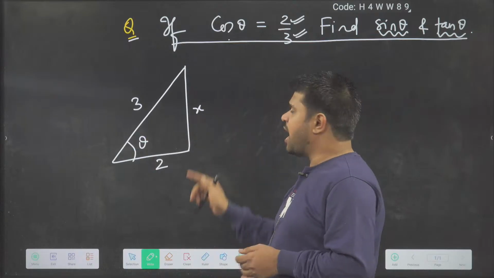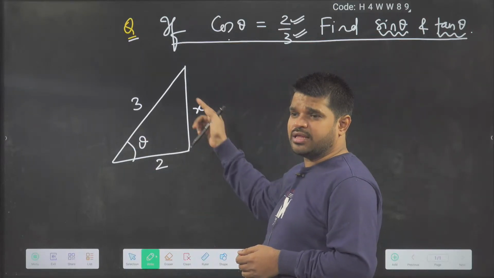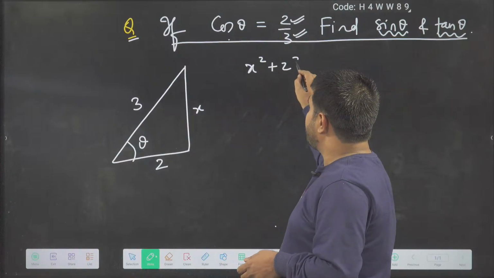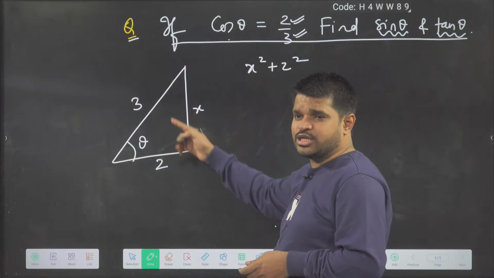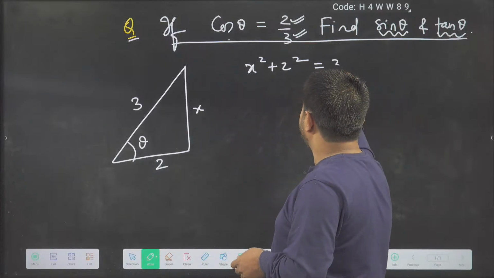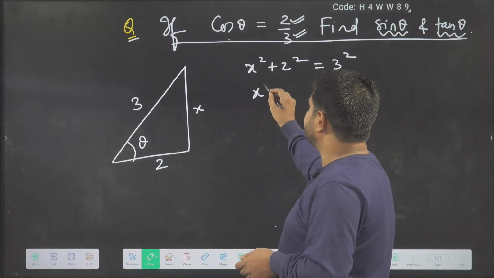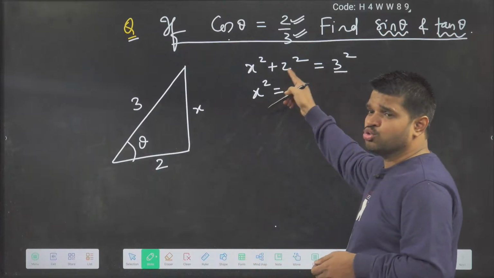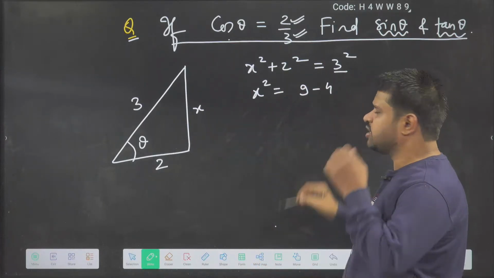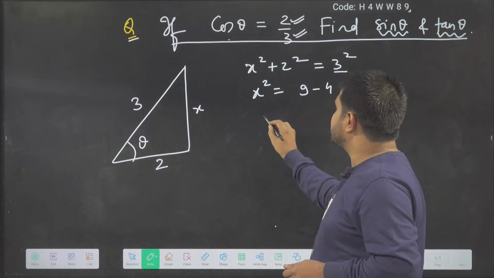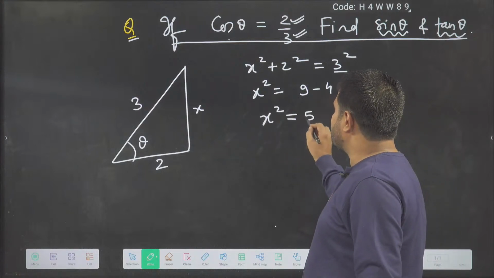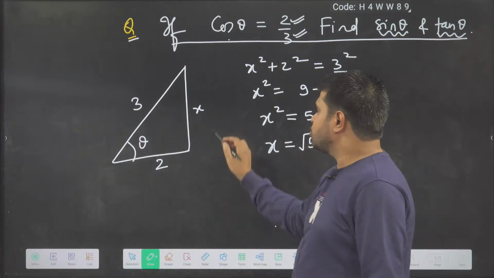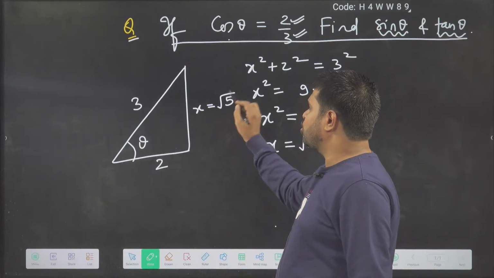First of all, I have to find x using the Pythagoras theorem. x squared plus 2 squared equals hypotenuse squared, 3 squared. So x squared equals 9 minus 4, which is 5. So x equals root 5. This unknown side is root 5.